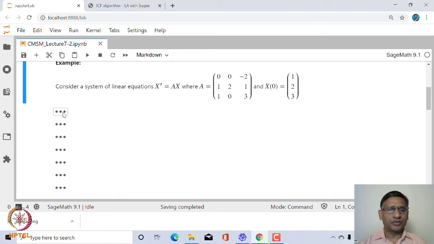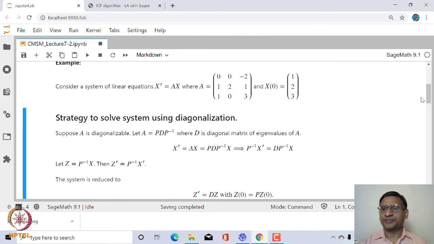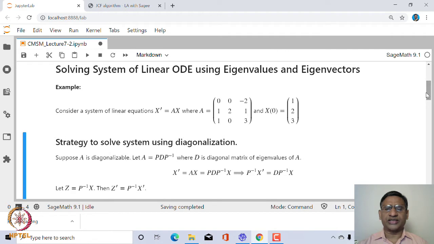Now, how do we solve this system? First, let us assume that this matrix is diagonalizable.